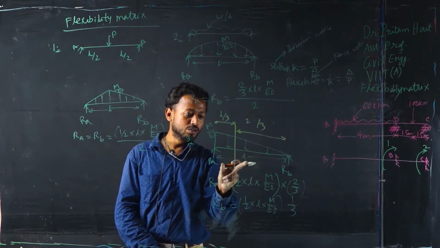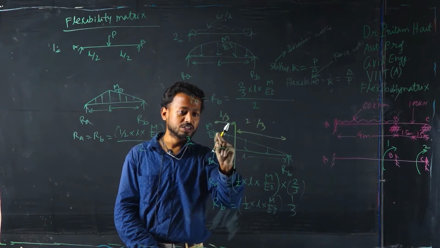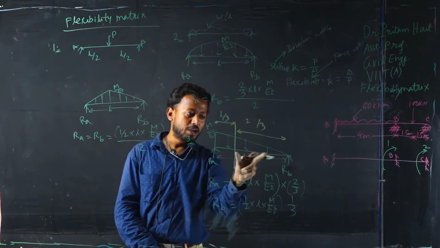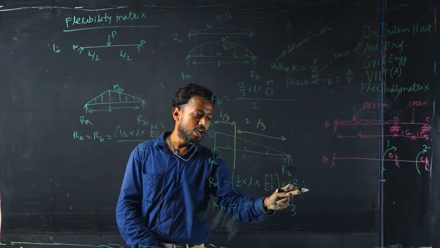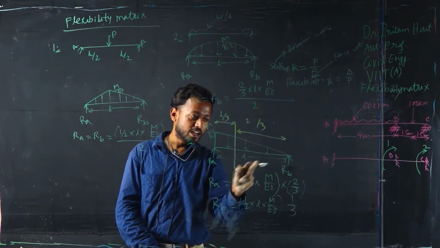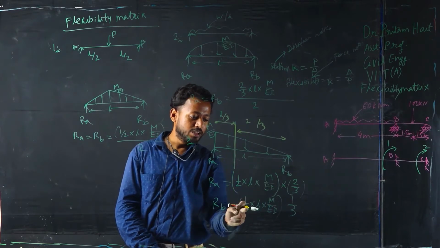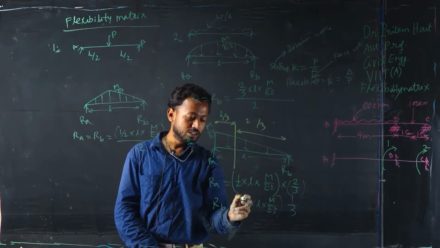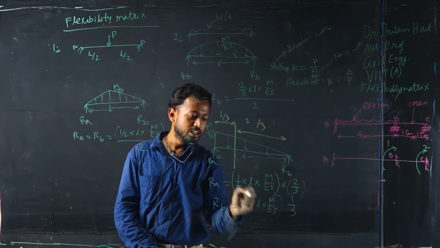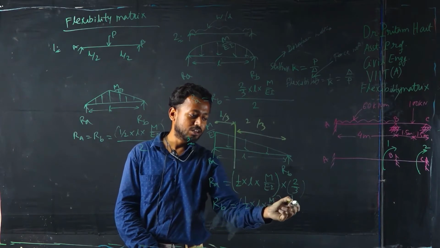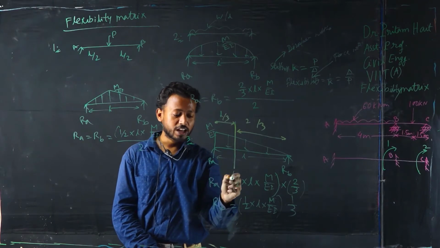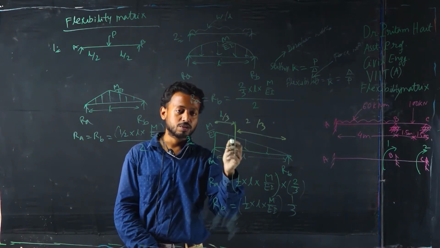Half into base L, altitude is M by EI, into this distance. While you are calculating RA, multiply this distance, that is 2/3, don't write L here, only write 2/3. And while you are calculating RB, simply calculate the total area of the triangle, half into L into M by EI, into this distance, that is 1/3, don't write L. Okay, always remember.